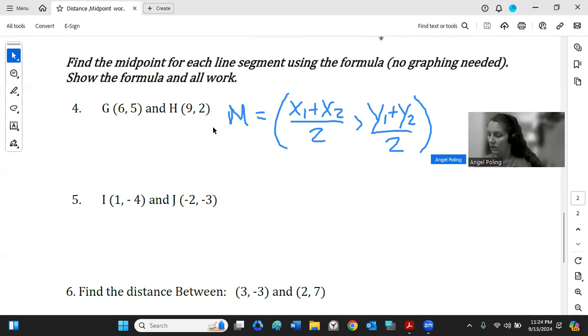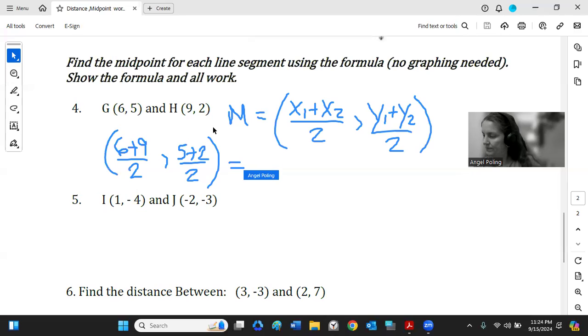Okay, so for these two problems here, we have 6 plus 9 over 2 for the x component, and then we have 5 plus 2 over 2 for the y component. That's 15 halves and 7 halves as a point.